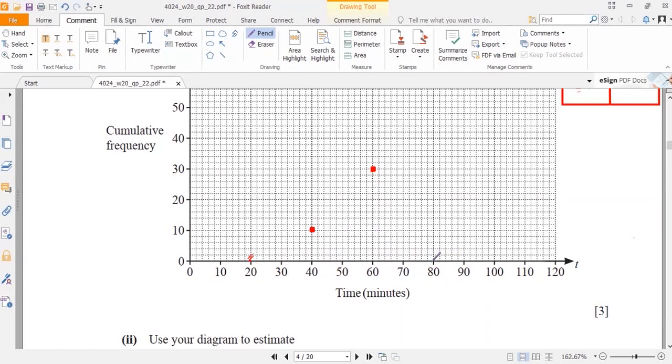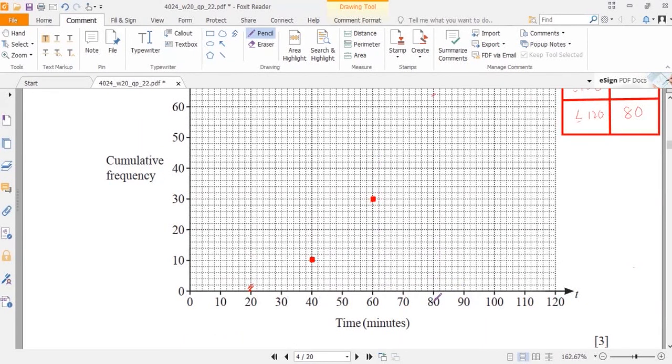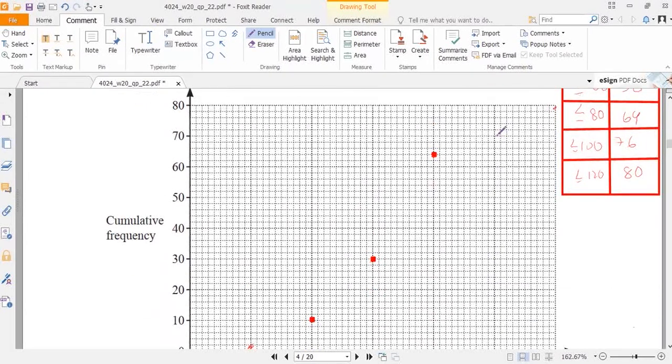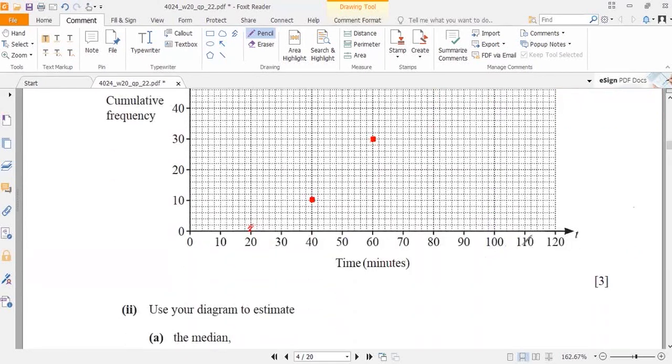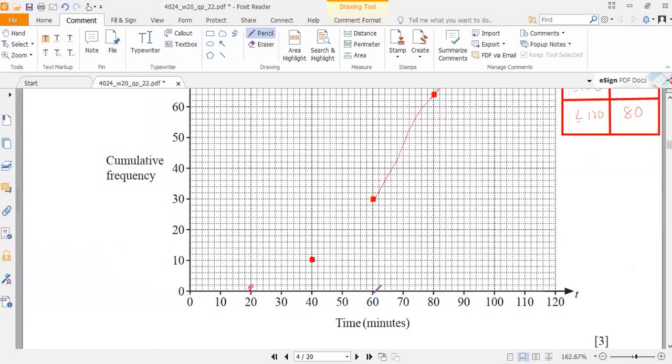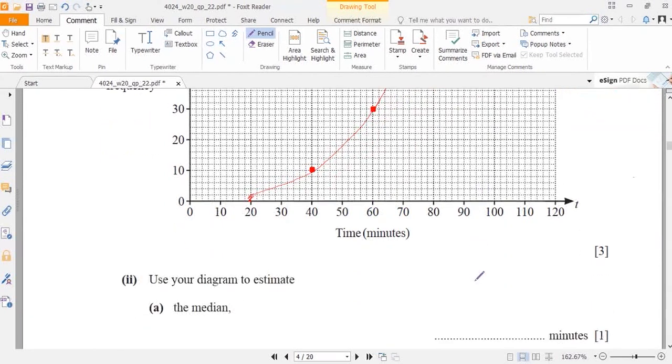And the next point is 80 and 64. 80, and here is the 60, 64, and then 100, 76, it will be here, and then 120, 80, it will be here. So we need to draw the graph. So this is the graph we have made.